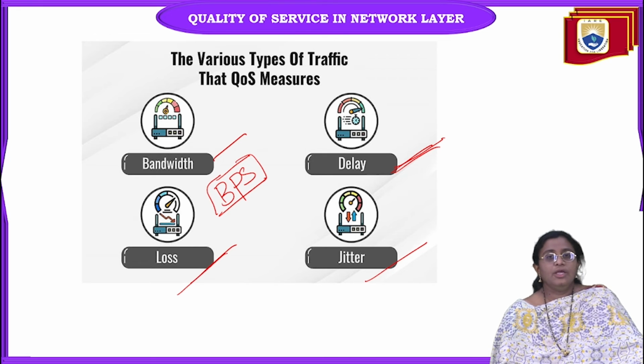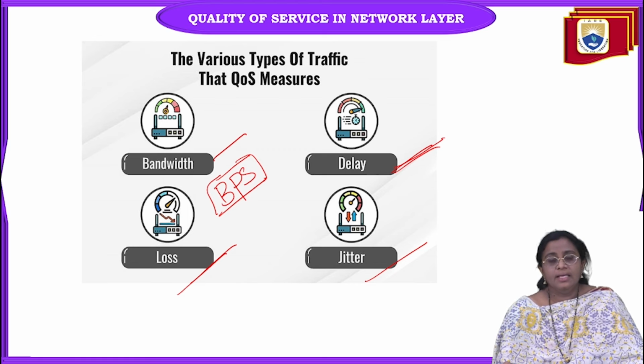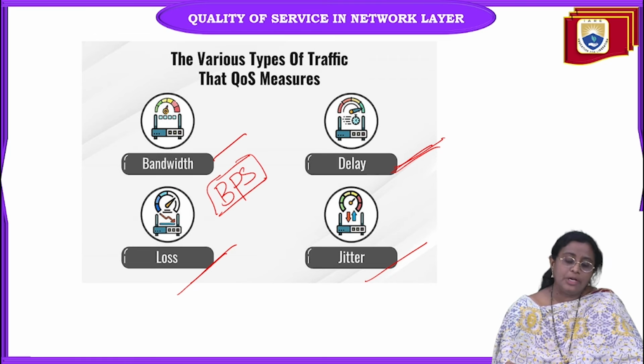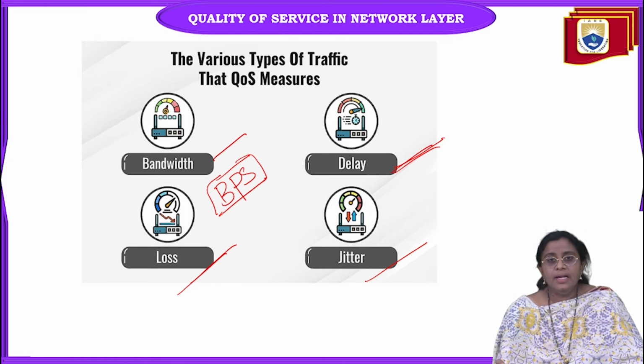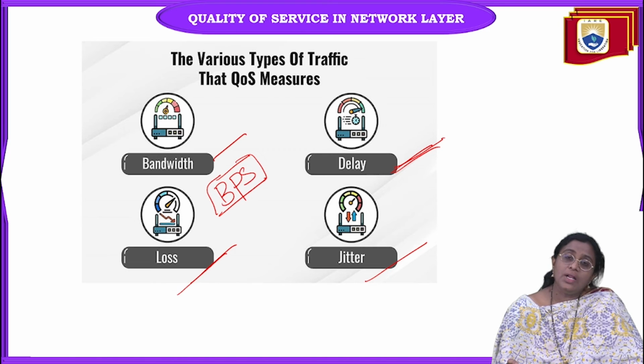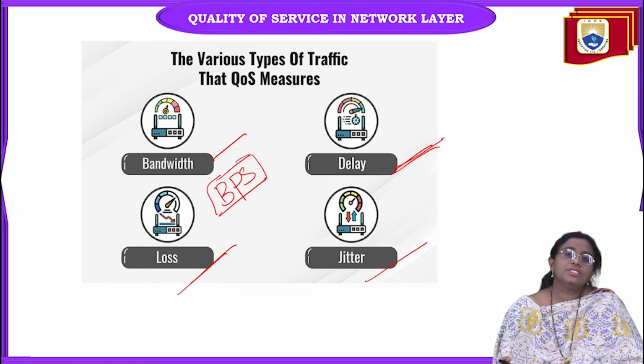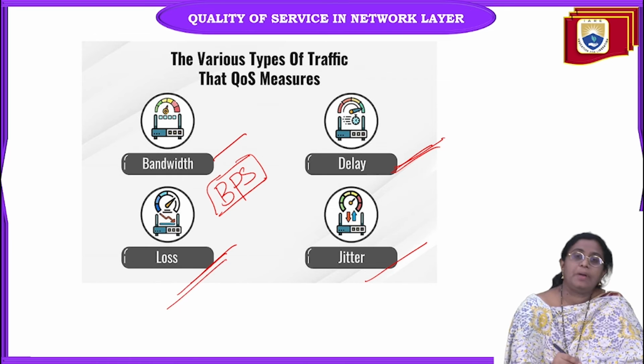Loss means if the sender needs to send n packets, or 10 packets, and in the middle an error occurs or any packet is discarded by some factor, that condition is called loss of packet.